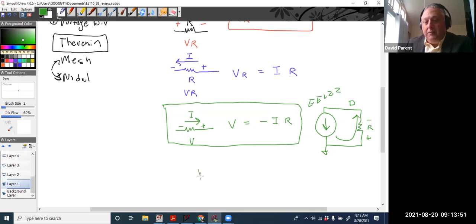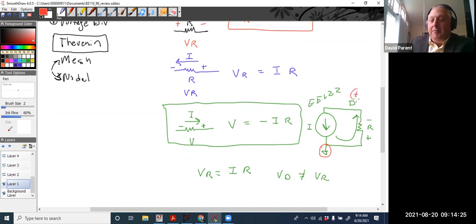So it's true. VR, we'll just call that I, equals IR. However, VD is not equal to VR. VD is measured from this D node to ground.